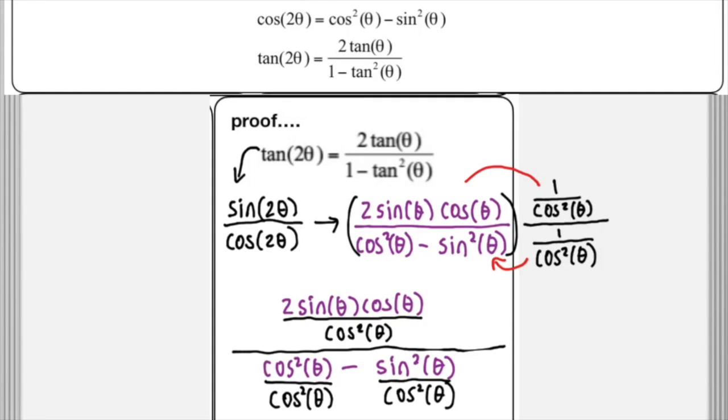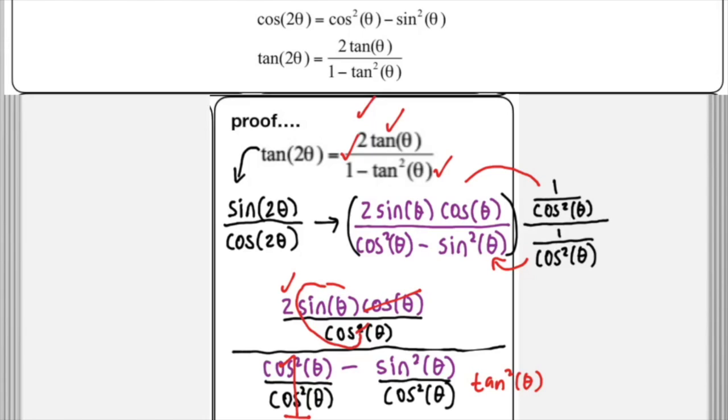Okay, so with this all distributed in, we can see how this might fall apart a little bit. Let's take a look at the denominator first. We get cosine squared divided by cosine squared, which is 1, which takes care of that guy. We got sine squared over cosine squared, which is going to give us tangent squared theta, over here. We can take one of these cosines and cancel it with one of those cosines, and that's going to leave us with another sine over cosine, which is tangent again, and there's the 2.